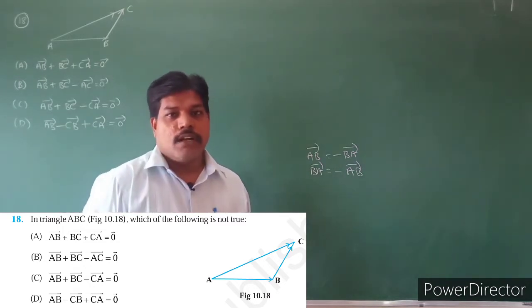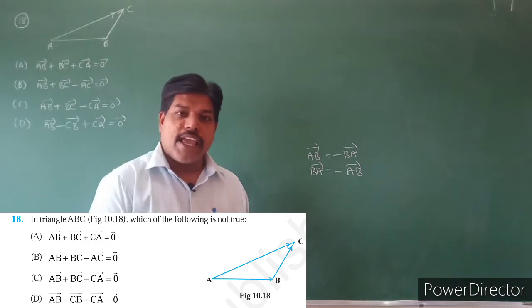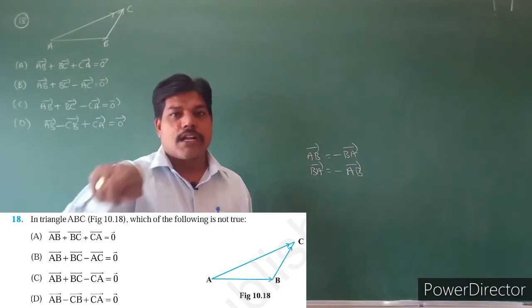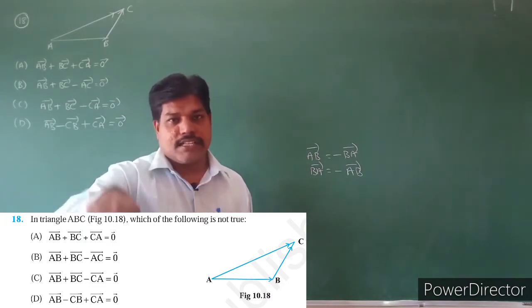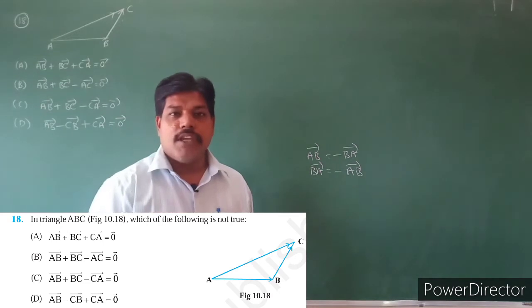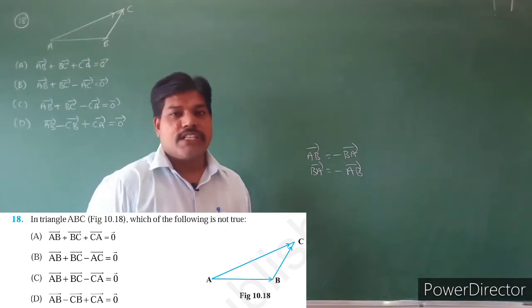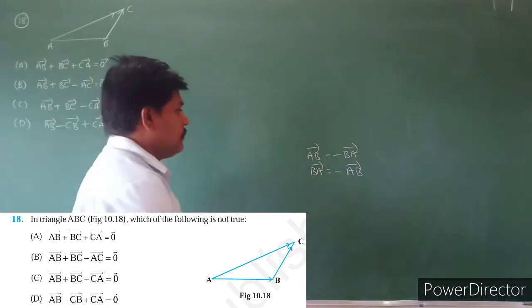So two conditions you already know. AB plus BC will become AC, and in the triangle, if you take the sides in successive order, AB plus BC plus CA will become 0. So let us check these conditions.